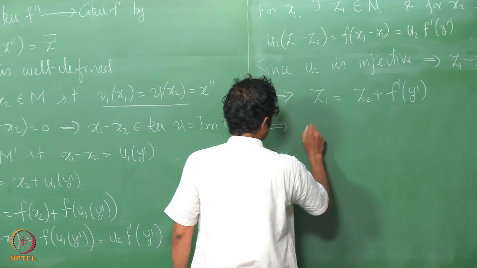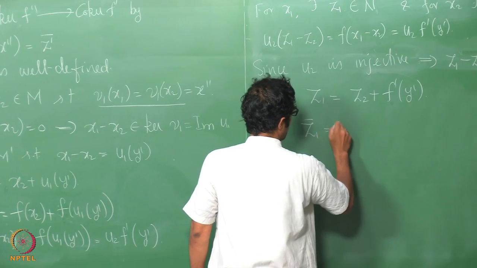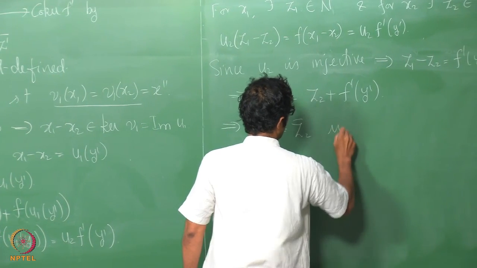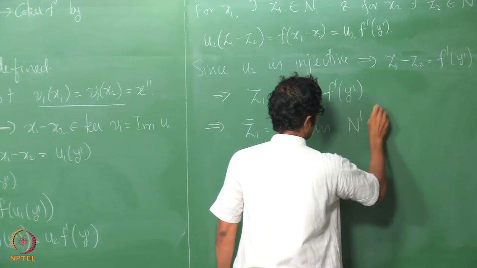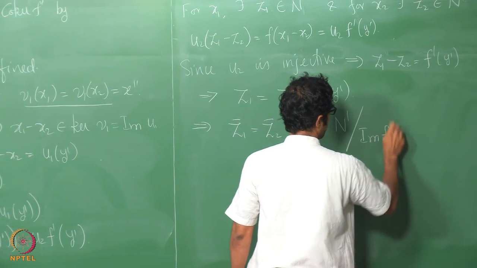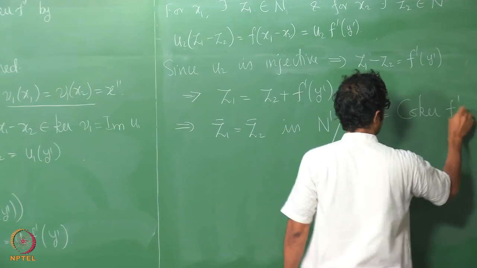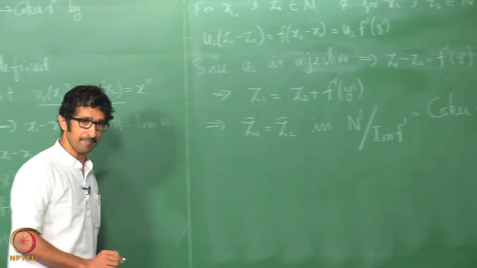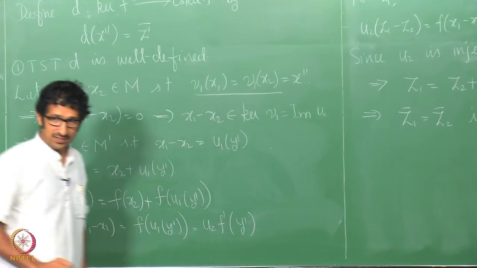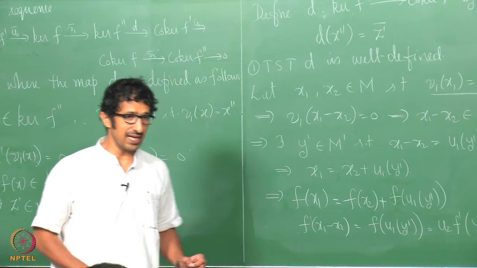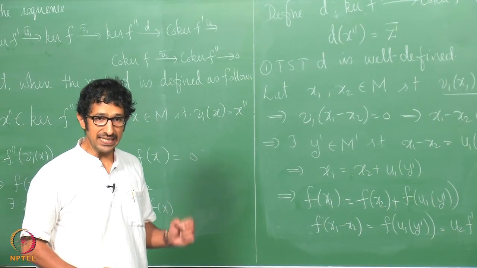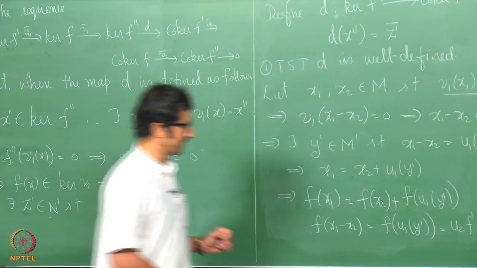So this implies z1 bar equals z2 bar in N prime mod image of f prime, which is the co-kernel of f prime. So what we have shown here is that the map D is well defined.